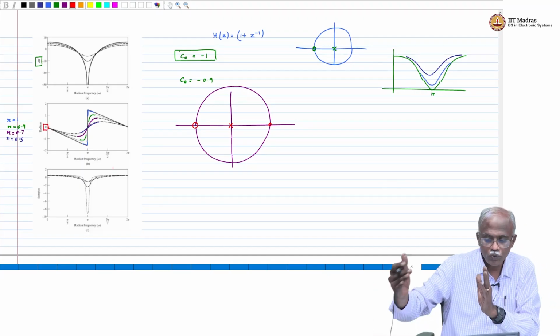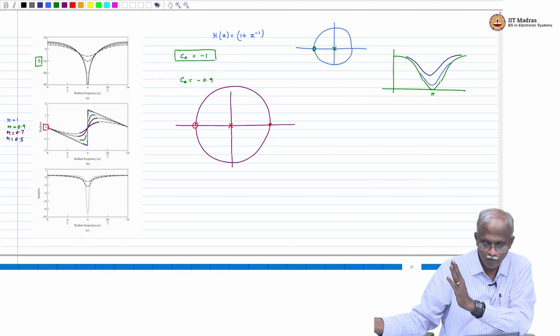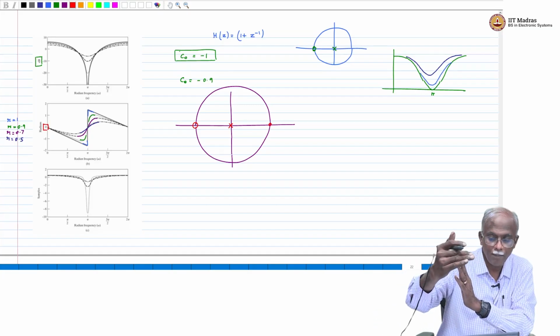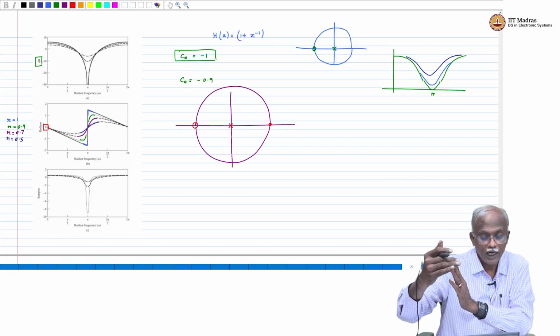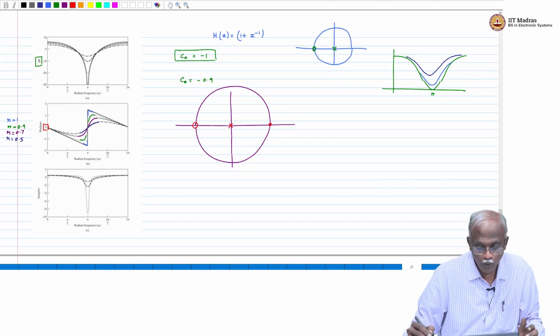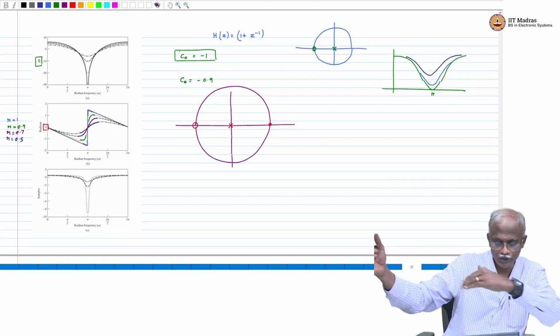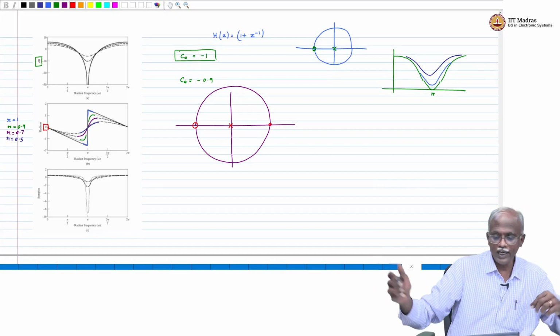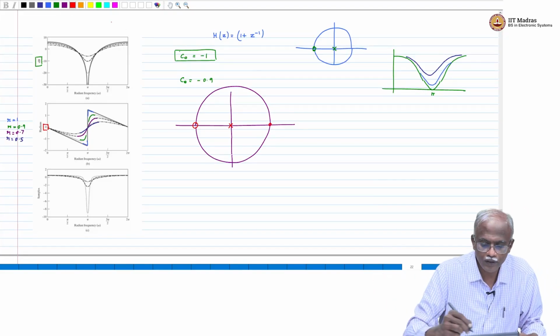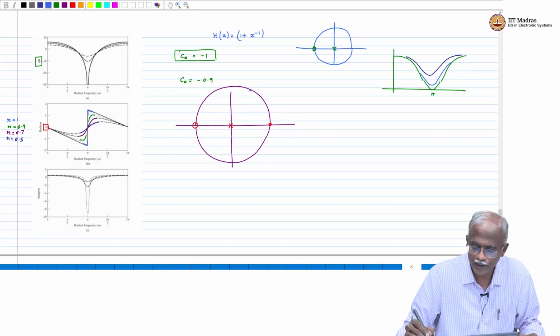Now as you go from 0 towards pi by 2, notice that the pole angle is increasing faster than the 0 angle, because the 0 is further away. Let us take a point at this location.